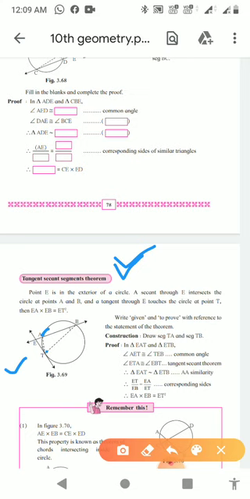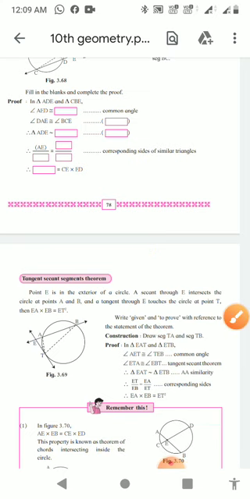The first triangle is triangle EAT. Though it looks very small, I will try to explain. I am discussing this triangle EAT, and another triangle, TEB. In these 2 triangles, angle E is a common angle, isn't it? So I can write angle AET is congruent with angle TEB, because this angle E is the common angle.